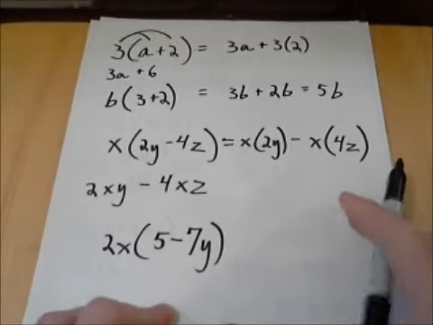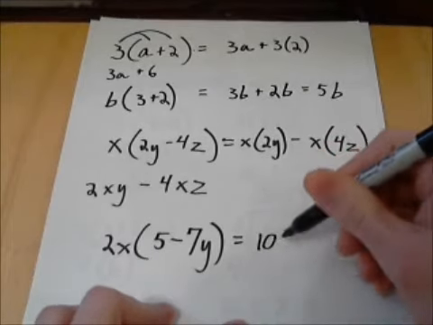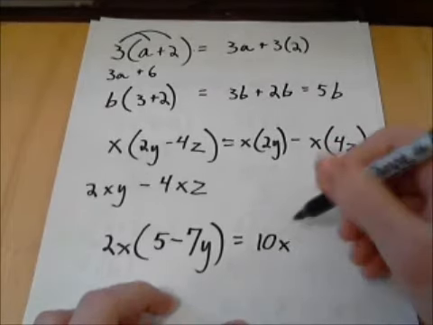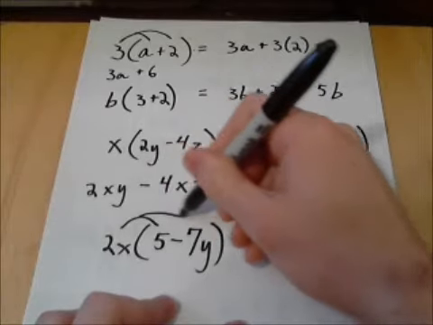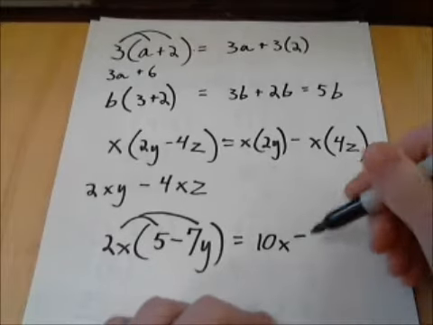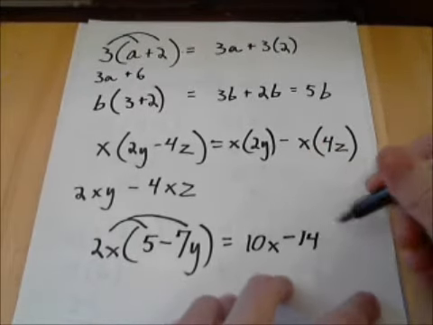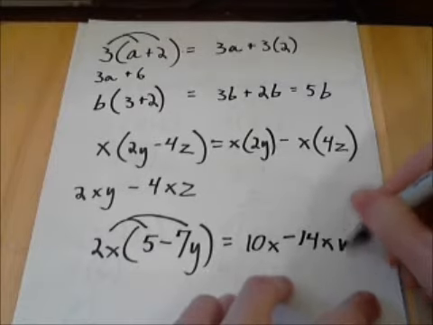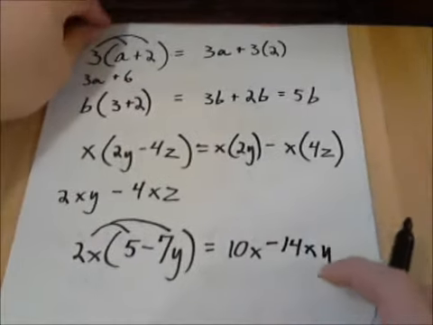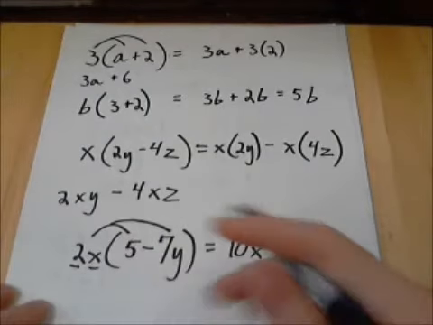So 2x times 5 is going to give us 10x, and then the 2x times negative 7y, so we're going to go minus 14xy. So that is how you do it with more than one number on the outside.